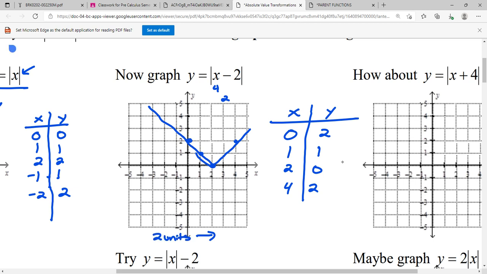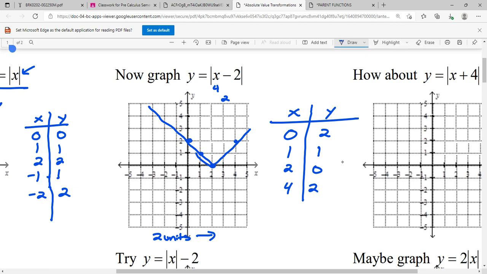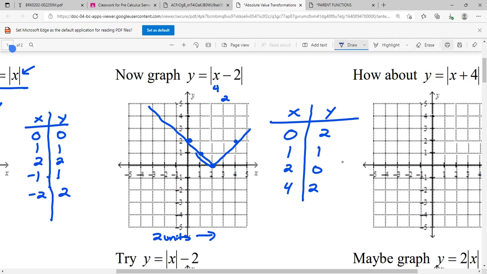Okay, so we're looking for relationships between these numbers and what happens to our graph. All right, so this graph moved 2 units to the right, and I would say it has something to do with this 2 right here.